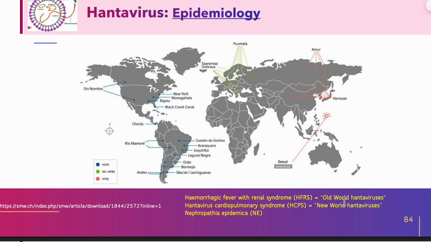But for the New World hantavirus, which happens in North and South America, this is hantavirus cardiopulmonary syndrome, which is more severe and leads to a high death rate. And also nephropathia epidemica is HFRS, which is in Russia, with species like Hantaan and Amur.